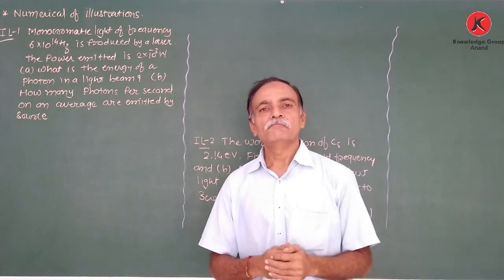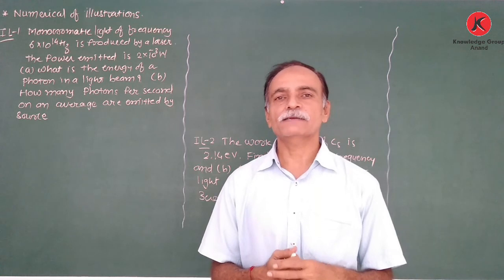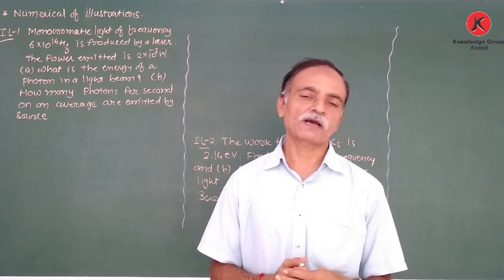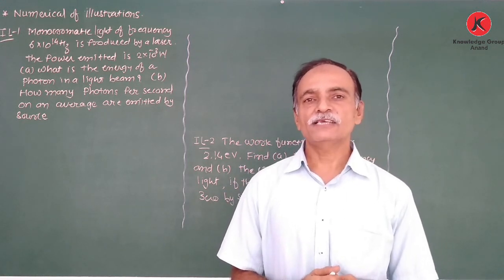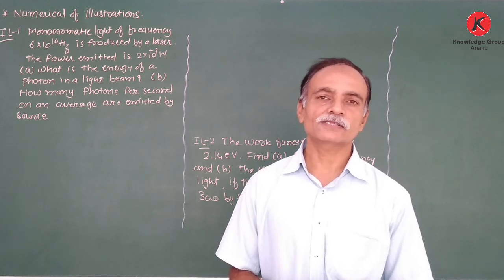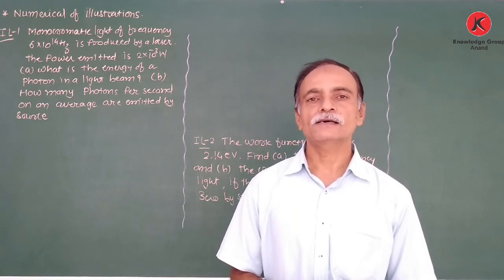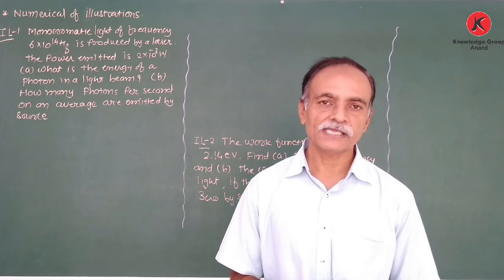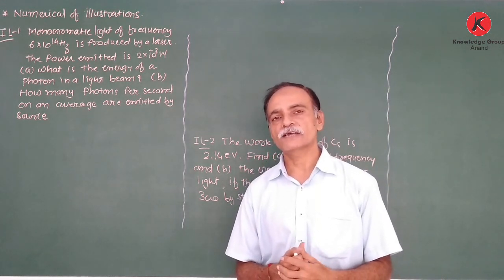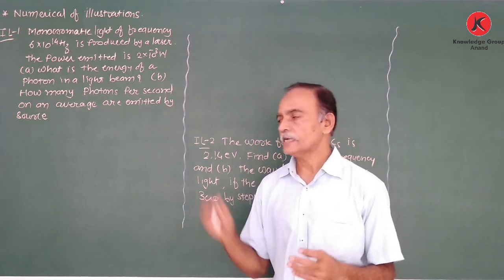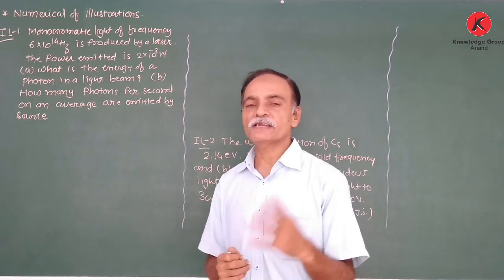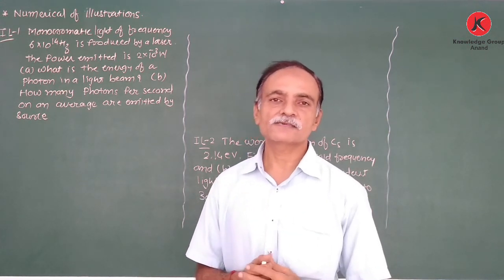One is the maximum kinetic energy equal to hf minus phi 0, or eV0 equal to hf minus phi 0, and the energy of the photon hf, momentum of the photon hf upon c, or h upon lambda, or lambda is equal to h upon p, and also de Broglie's wavelength, lambda is equal to h upon p. Right? So on the basis of this we take some numericals first, and after that we discuss the Davisson and Germer experiment.